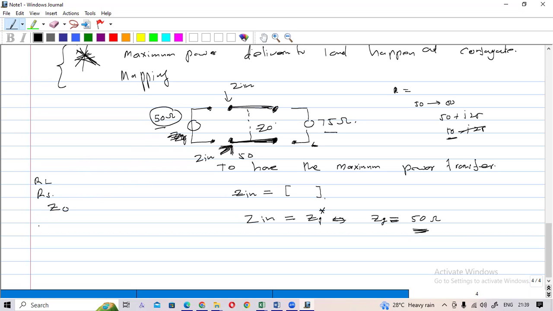So what you need to do? You need to get the input impedance Z in equal to RS.